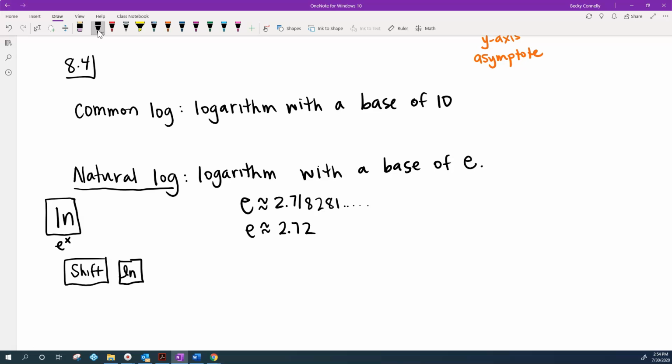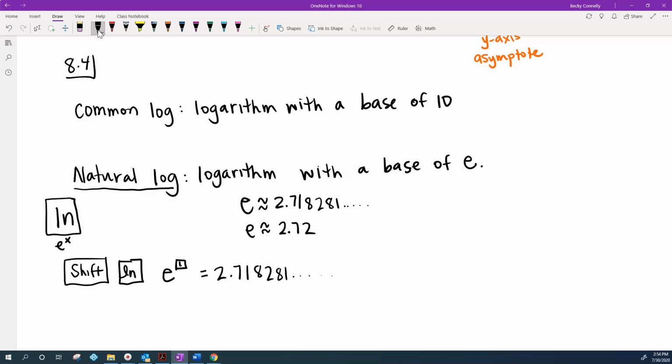It will show something like e to the box on the screen. If you put in e to the first power, you get 2.718281 and so on.